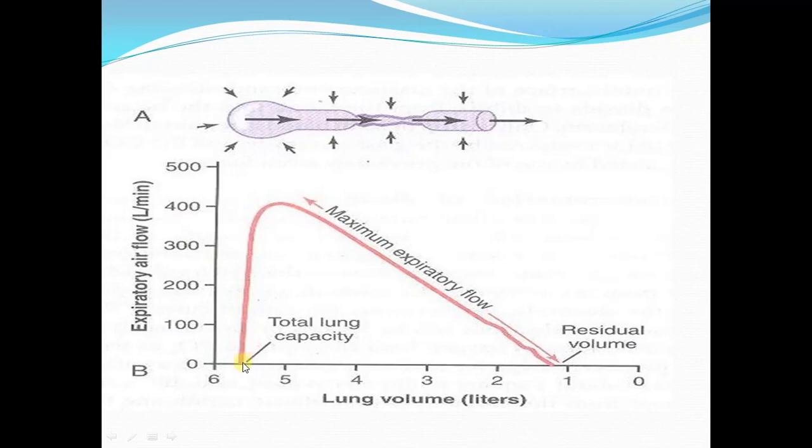This is the total lung capacity. This is the residual volume, that is the volume of air that will be present in the lungs after most forceful expiration. So normal flow rate is 400 liters per minute.